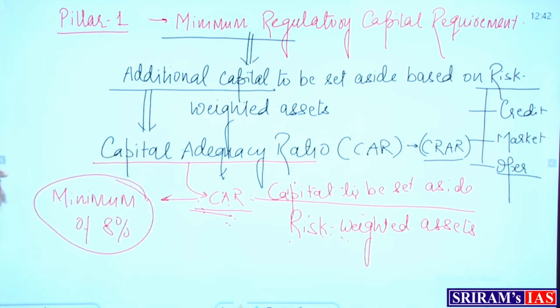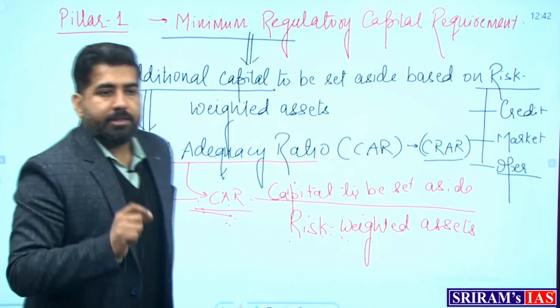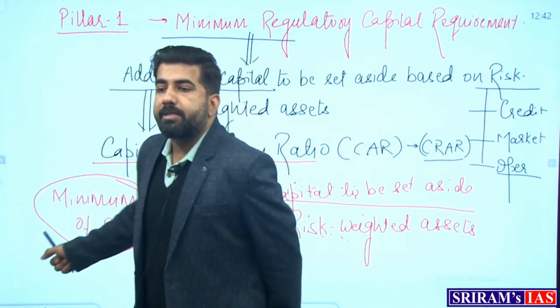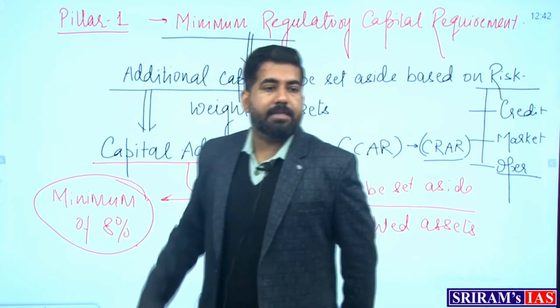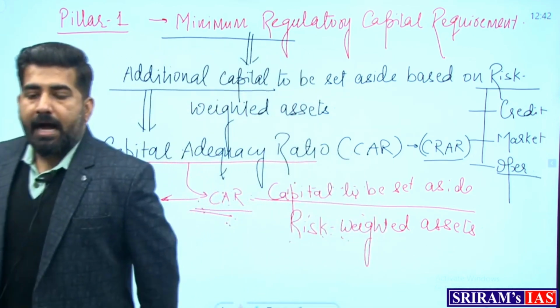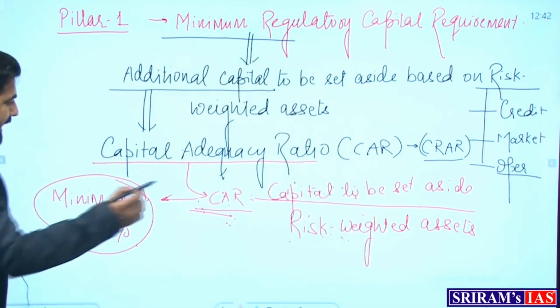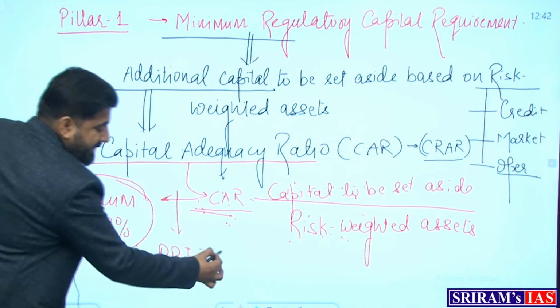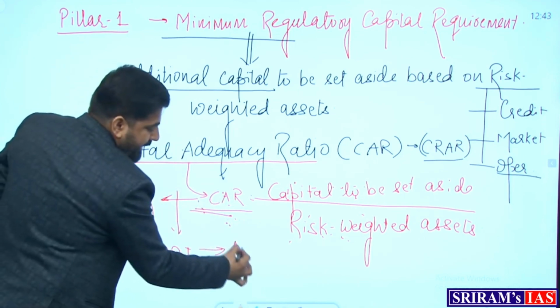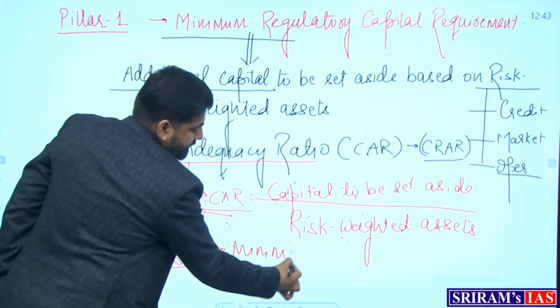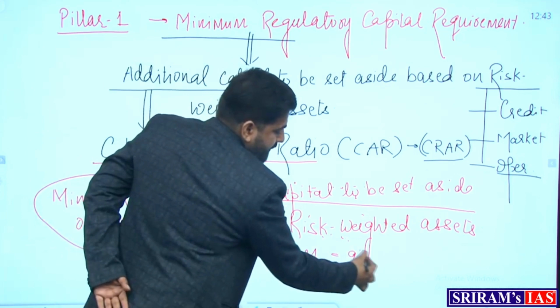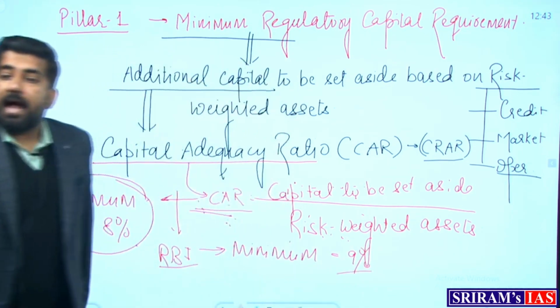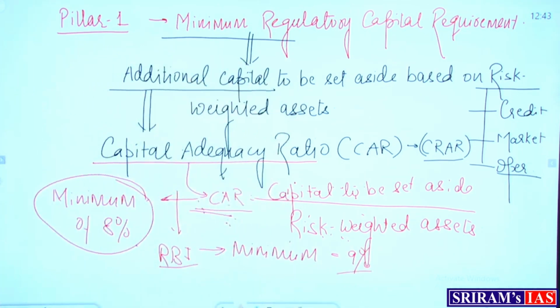Clear? Now another point. Fine, Basel III norms recommended a minimum 8%, but India, the RBI in India's case has said the minimum CAR in our country is how much? 9%. We have adopted higher standards as compared to the global one.